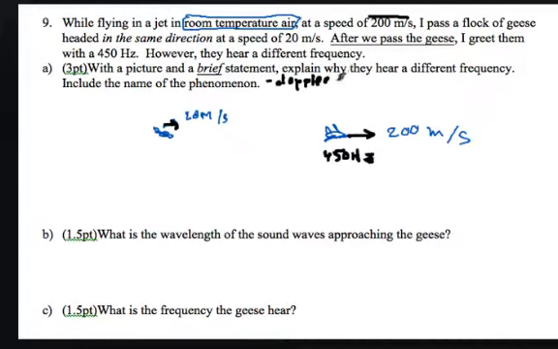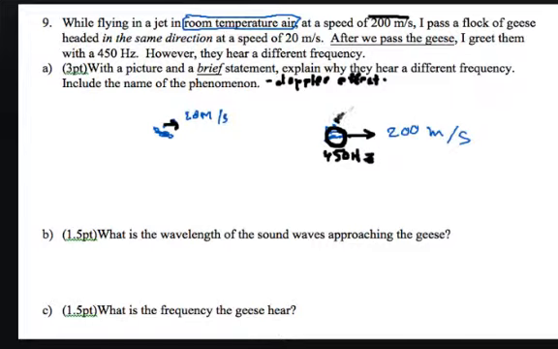And a picture. So 450. If you imagine that as this sound is being emitted, it continues to travel, you will end up seeing, if you looked at the front of the wave right around the plane, something like this.